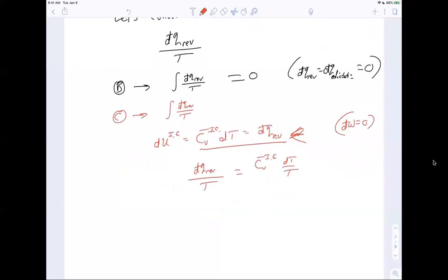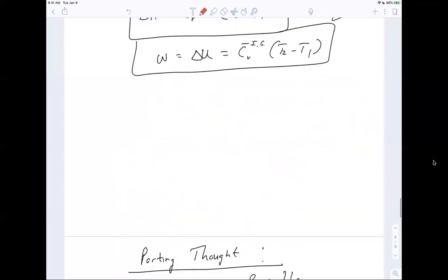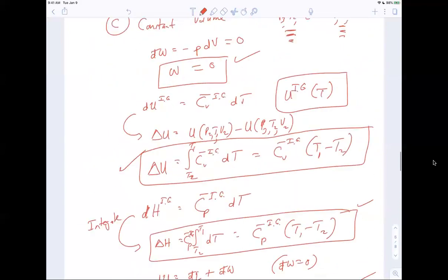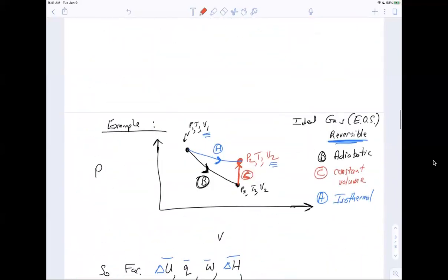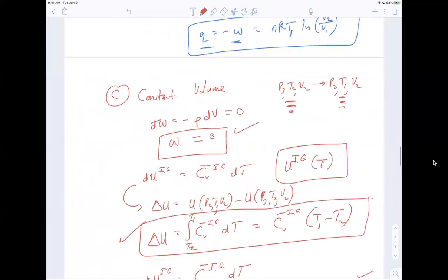And so what we get then, now we can just do the integral, right? This is going to be the integral of dq reversible over T. Cv is a constant. That's just going to give me the integral of dT over T. And what are the temperatures here? From T2 to T1, I believe. Yeah, T2 to T1.